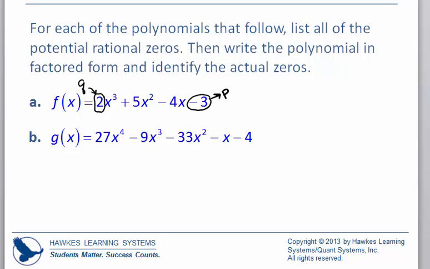And so what we want to do is come up with the factors of both the p and the q. So if p is equal to -3, what are the factors? What two numbers could you multiply together to give you -3? We could multiply +1 times -3. We could multiply -1 times +3.